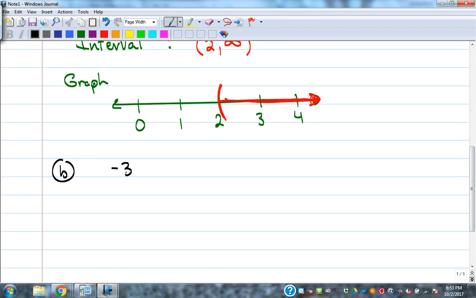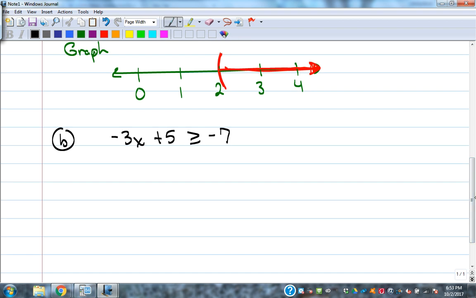Let's say we had negative 3x plus 5 is greater than or equal to negative 7. Okay. What's the first step? Subtract 5, negative 3x greater than or equal to negative 12. And then we divide by negative 3.